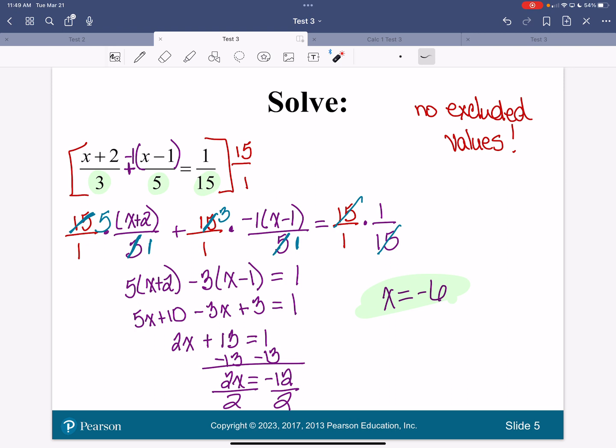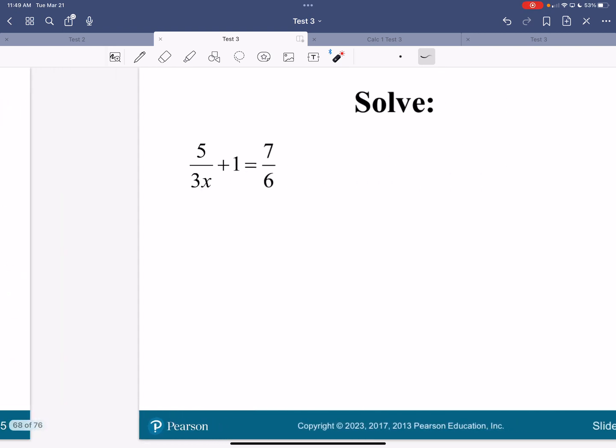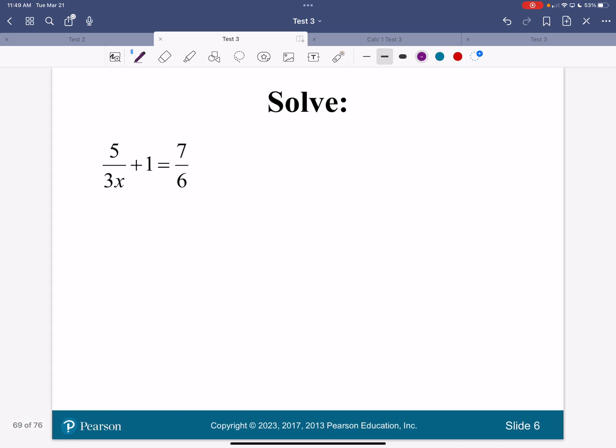Can I go to the next one? We do have excluded values here. So that's what I want to ask ourselves first. What are my excluded values? The reason I know I have excluded values is because I have a variable in the denominator. That's how I know I have excluded values, is because of that variable in the denominator.